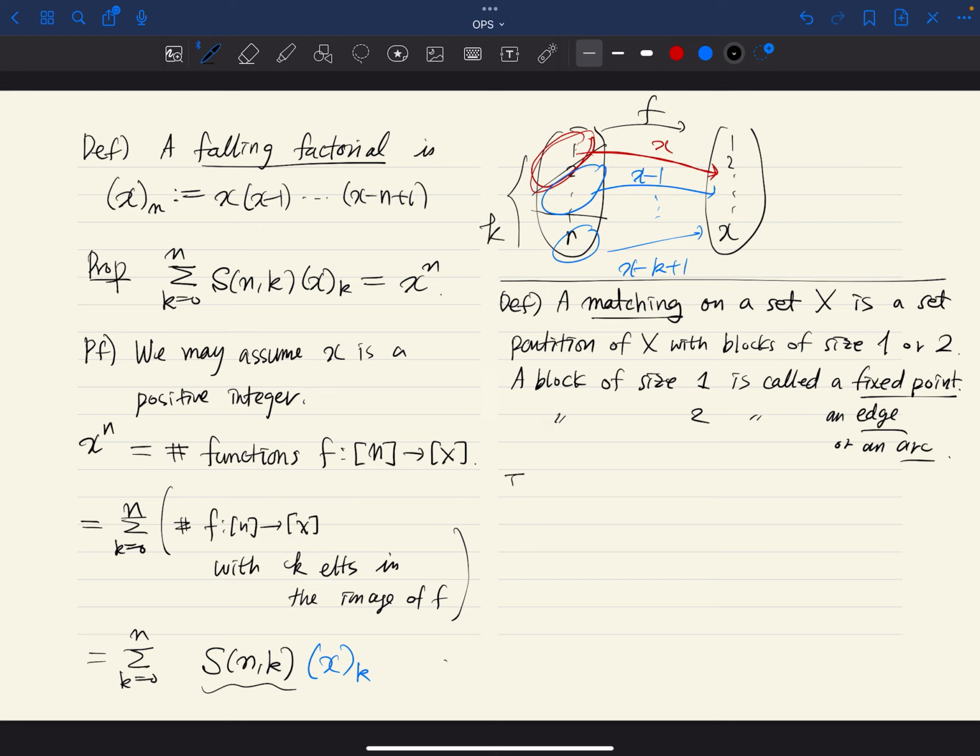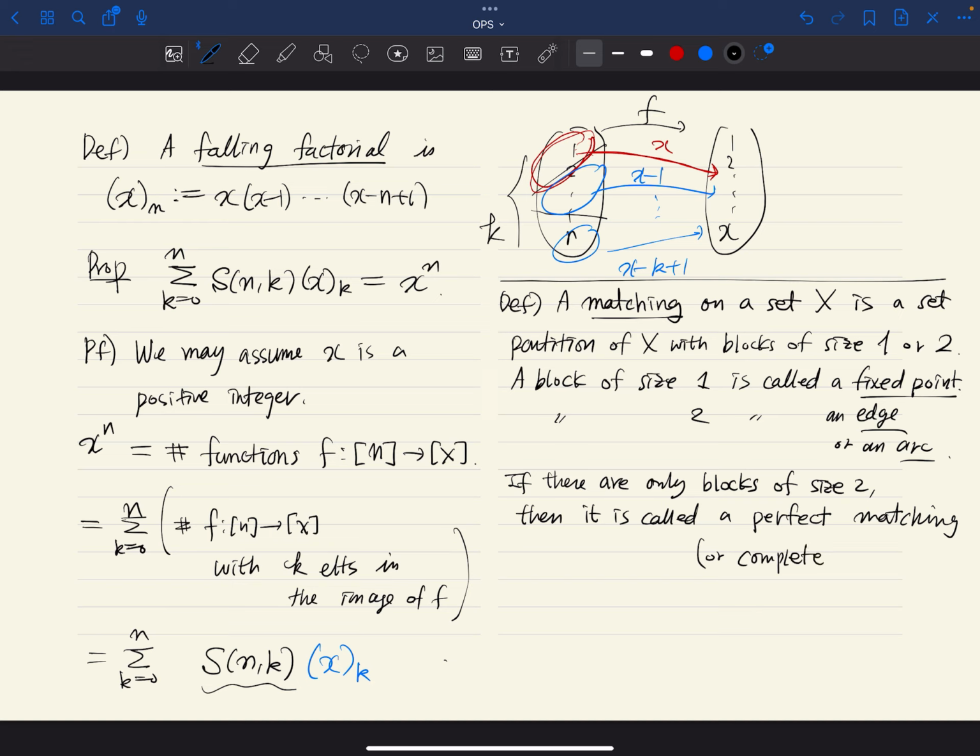And if there are only blocks of size 2, then it is called a perfect matching, or complete matching.